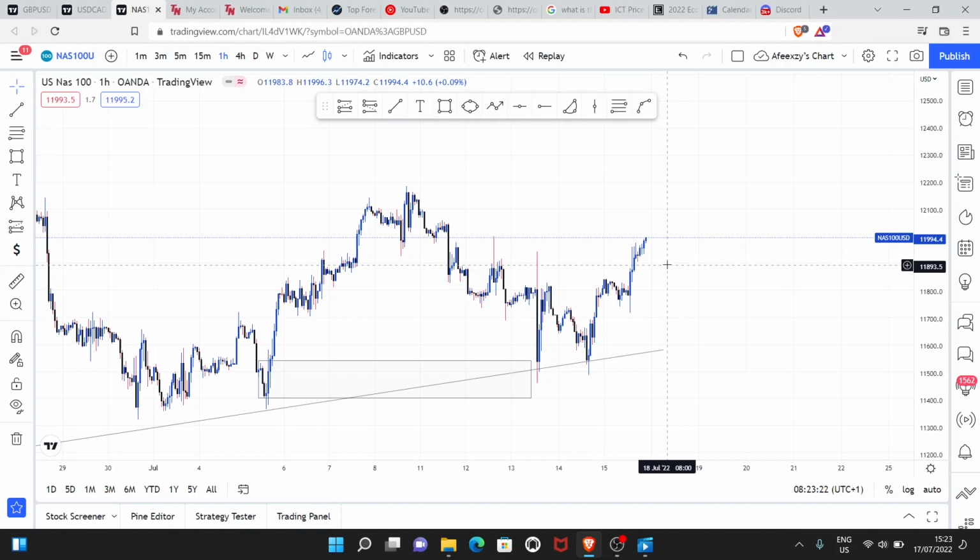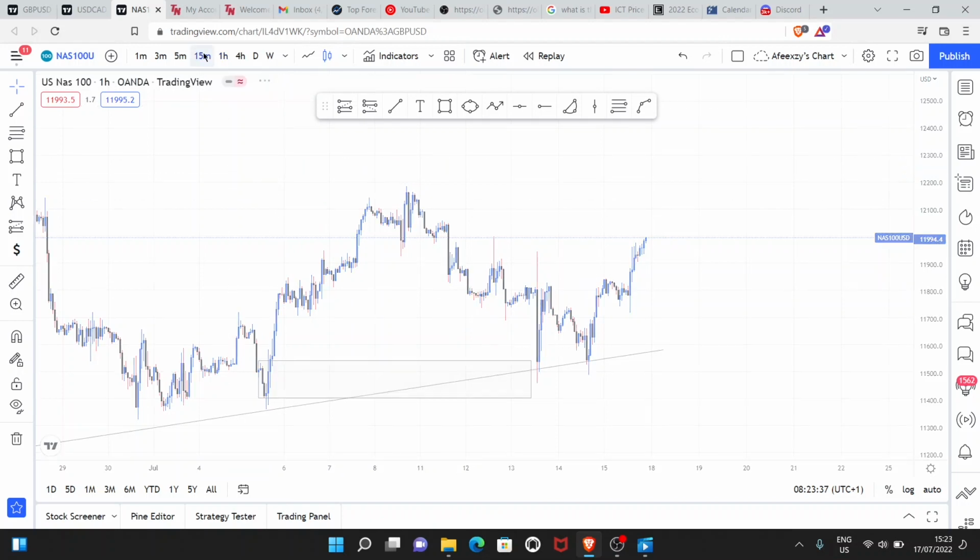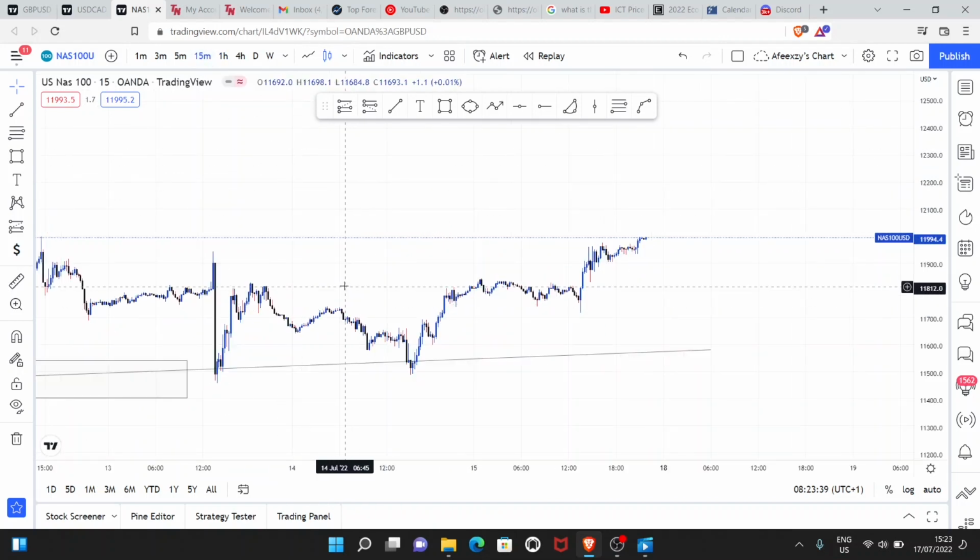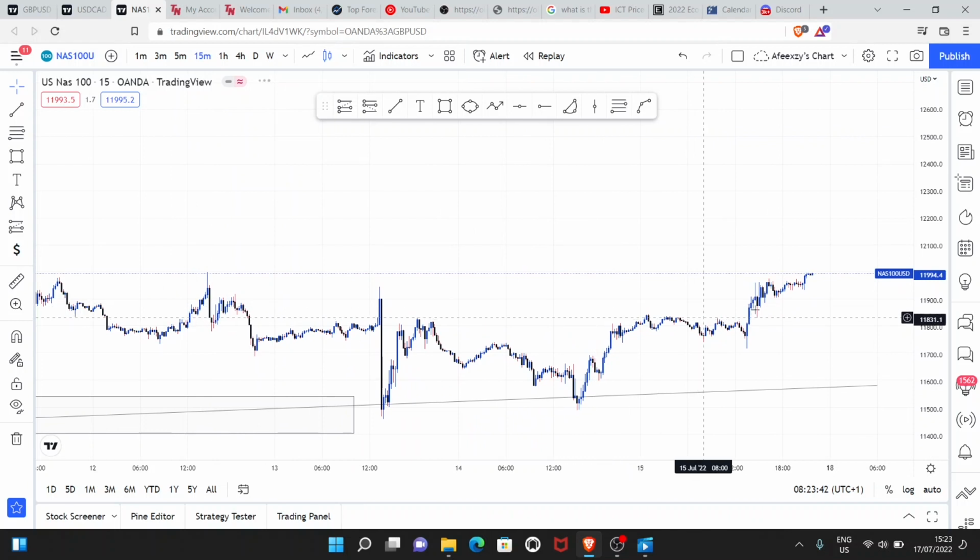So mainly when I'm analyzing Nasdaq, I use S&P for my main confluence because S&P is giving the clearer signal. So definitely I will be looking for buy side liquidity to be cleared on Nasdaq. So definitely I'll be looking for longs next week on Nasdaq.